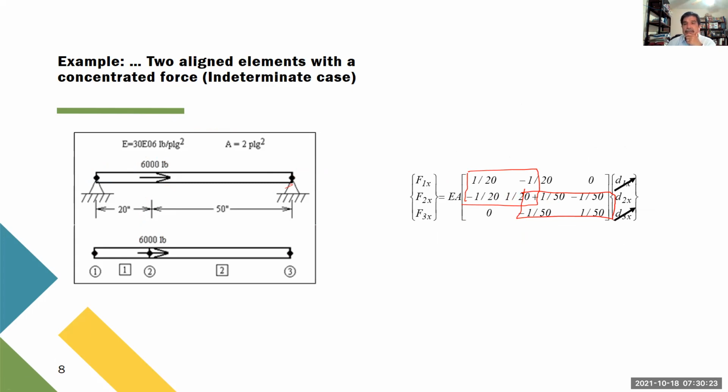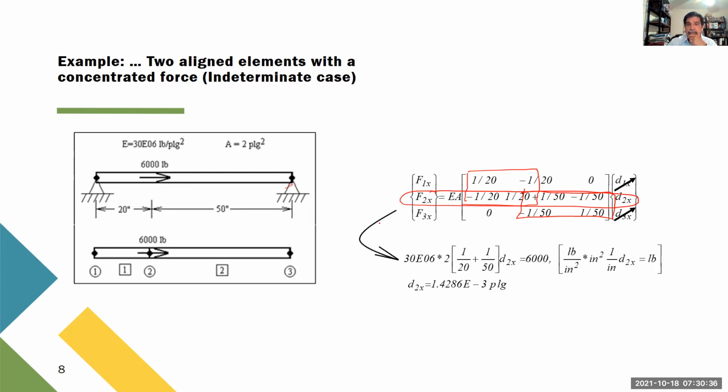This is boundary conditions. So we see that we can take the second equation, where we include the unknowns, and take it down there. So that's the equation, okay? On the left here, you see that this is the force at the second joint.